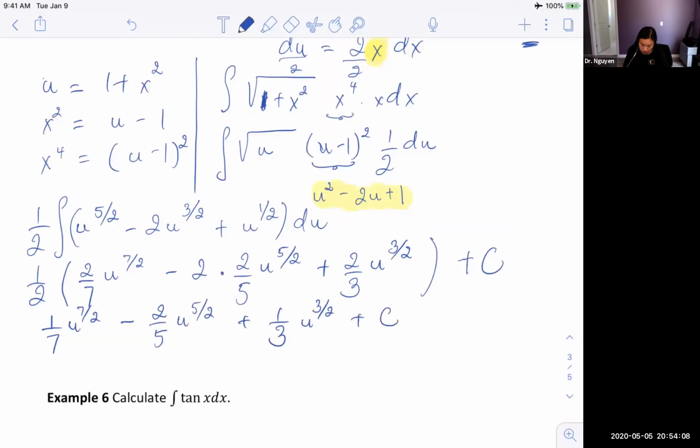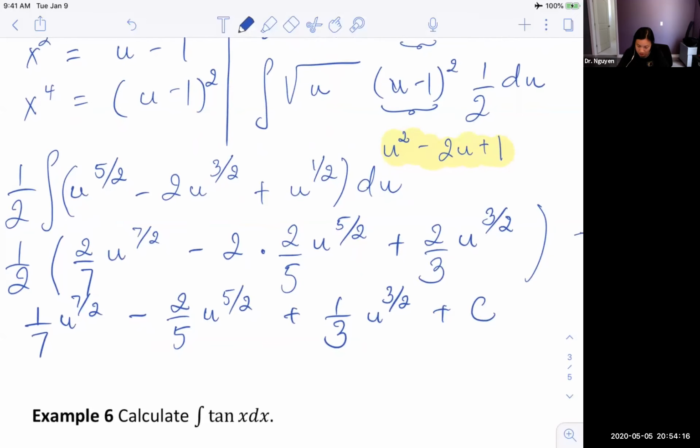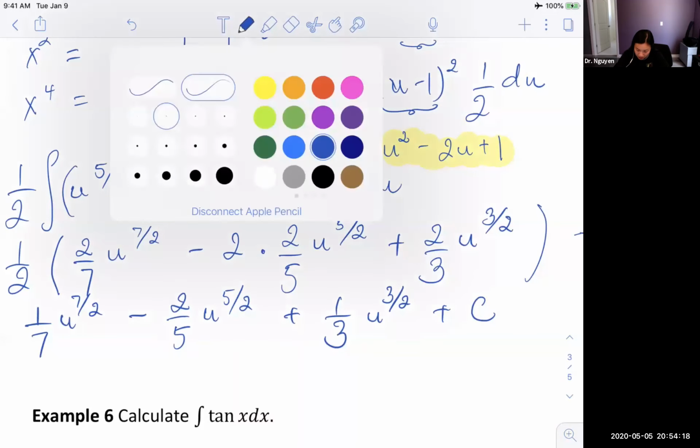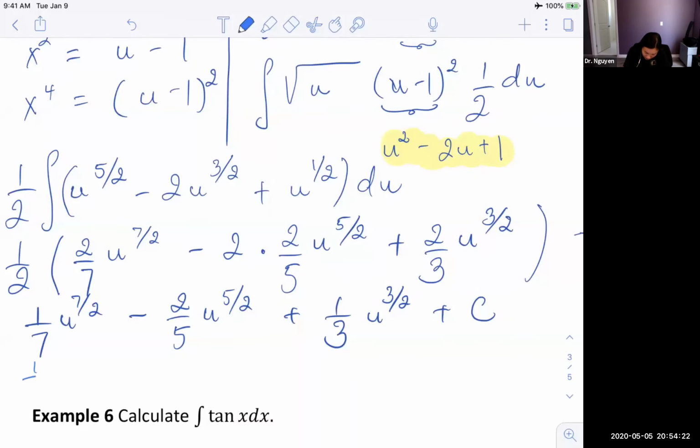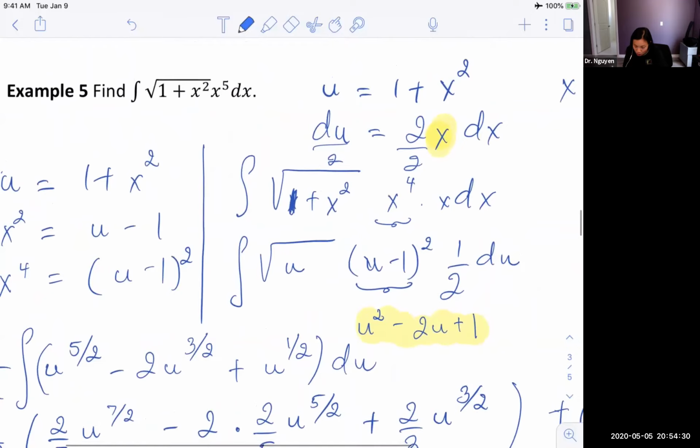Okay, so now I'm gonna go back and plug it back in. Instead of u, we go back and do x. I totally forgot what u is. 1 plus x squared.